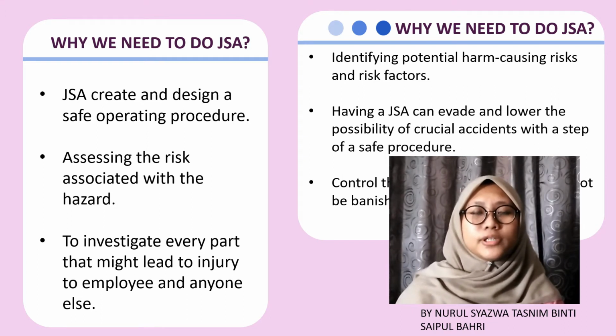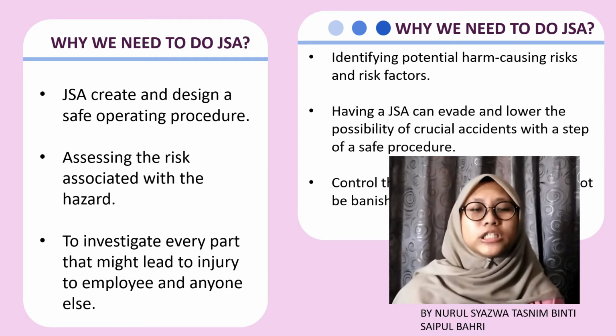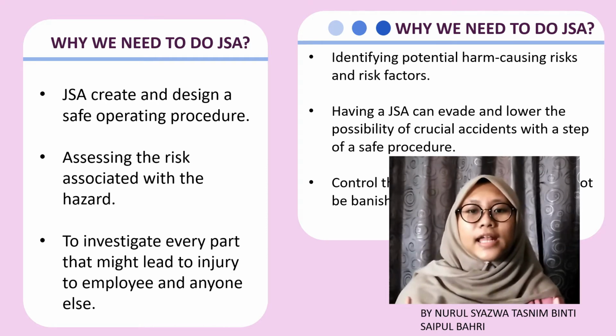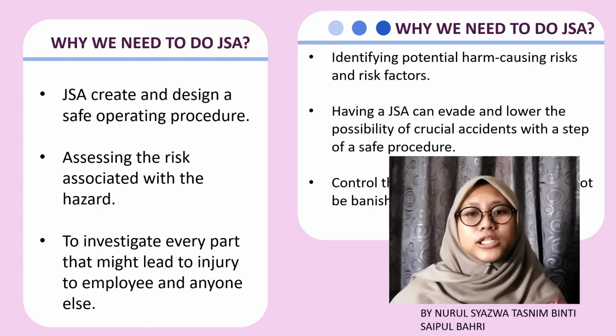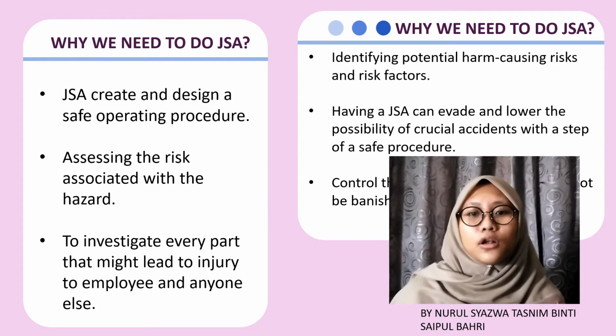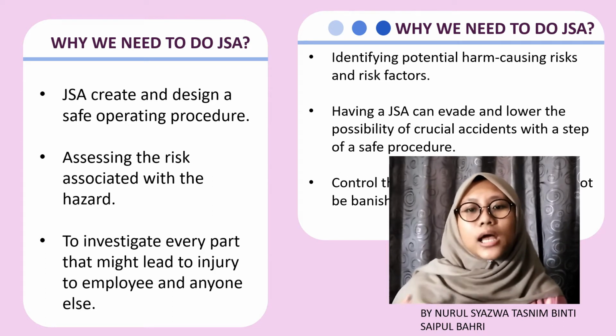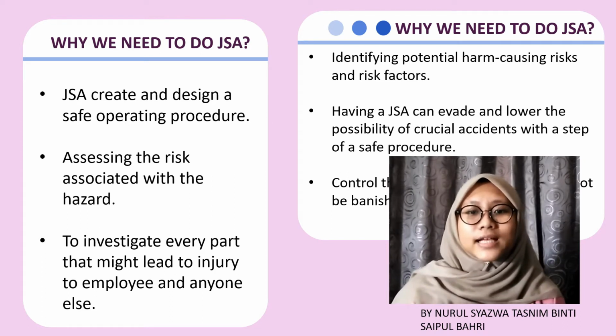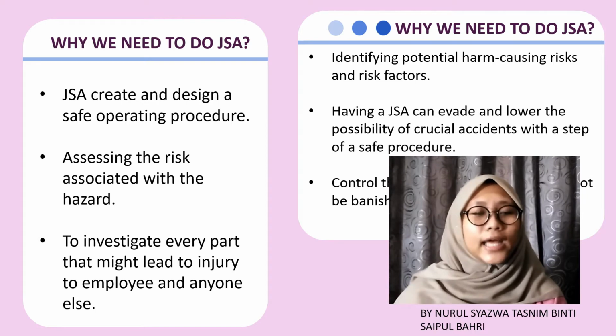It assesses the risk associated with the hazards and investigates every part that might lead to injury to employees and anyone else. JSA also identifies potential harm, causing risk and risk factors. Having a JSA can avoid and lower the possibility of crucial accidents with steps of safe procedure. And lastly, to control the risk when the accident cannot be managed.